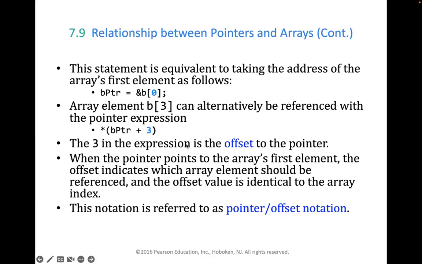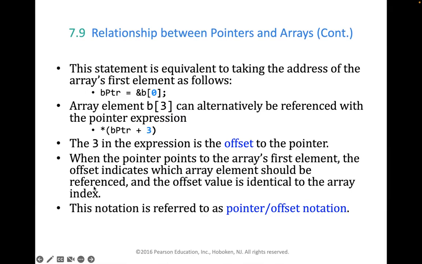The 3 in the expression is the offset. When the pointer points to the array's first element, the offset indicates which element should be referenced, and the offset value is identical to the array index.